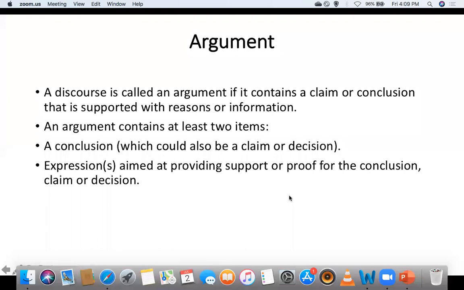First of all, you must have a conclusion, which could also be a claim or decision. And then, apart from having a conclusion, you must also have expressions aimed at providing support or proof for the conclusion. So these are the two basic components: a conclusion, and reasons providing support for the conclusion.